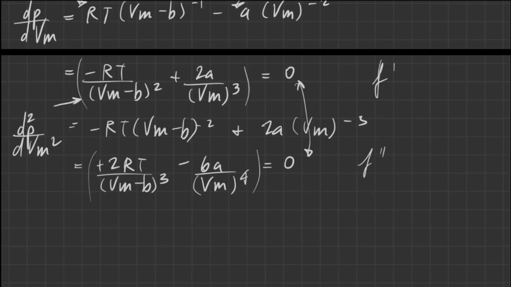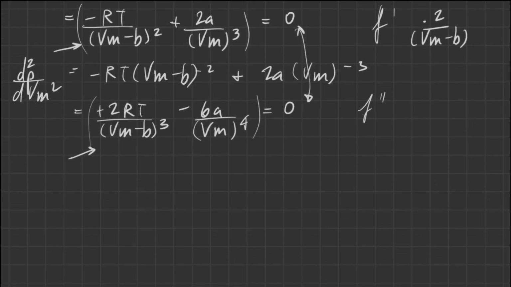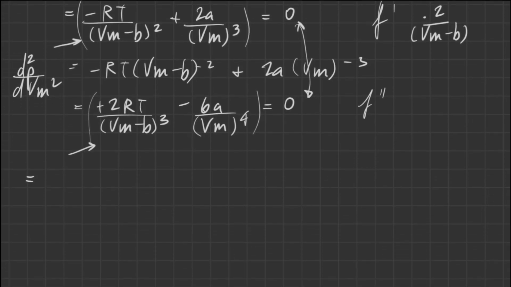And that would be this Vm minus b squared term. So I'm going to multiply the first derivative by 2 over Vm minus b in order to equal this term on the second derivative so we can cancel the terms out. So let me multiply the first derivative by 2 over Vm minus b now.